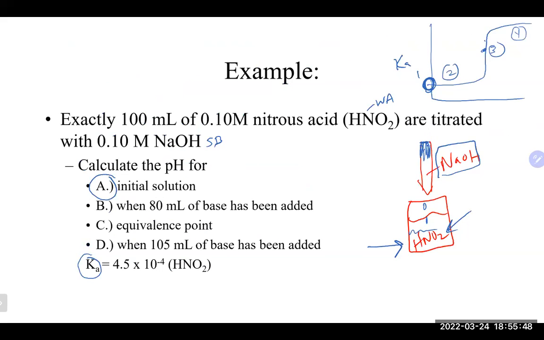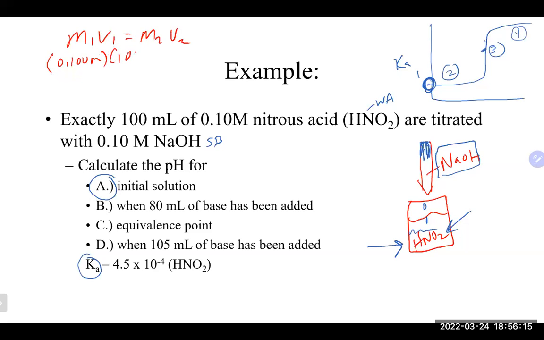So again, this is a situation where they really didn't tell you the volume to reach the equivalence point. So you could figure it out in a multitude of ways I told you. We obviously could see it's a one-to-one relationship, which means technically speaking, we could use M1 V1 equals M2 V2, where here M1 would be our 0.1 molar for our nitrous acid.